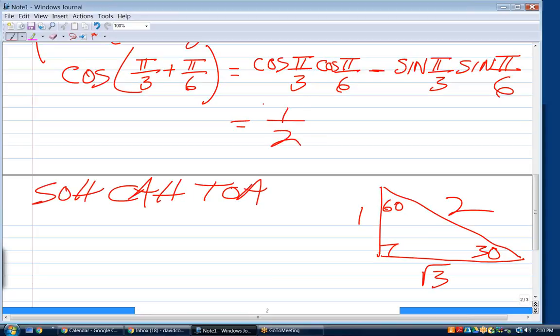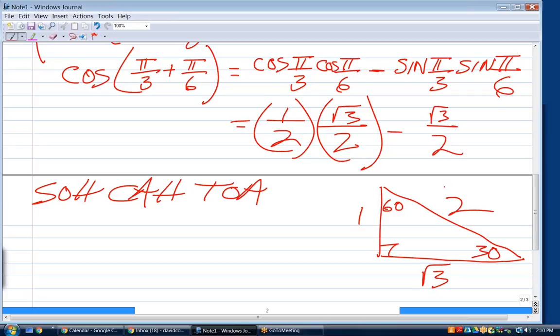What's cosine of pi over 6? That would be root 3 over 2. And what's sine of pi over 3? Root 3 over 2. And what's sine of pi over 6? 1 over 2. So this answer is what?